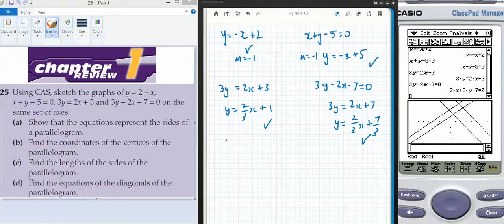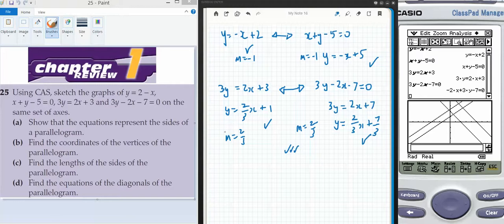The gradient of this line is m equals 2/3, and the gradient of this line is m equals 2/3. Since these two sides have the same gradient, they're parallel, and these two lines have the same gradient, they're also parallel. So I've shown that it's a parallelogram because 2 sets of the lines have the same gradient.